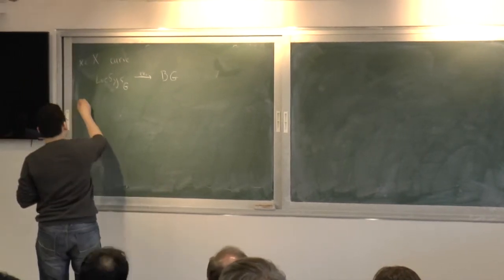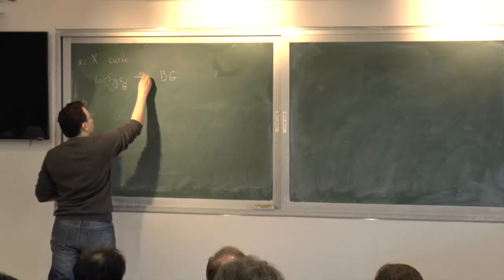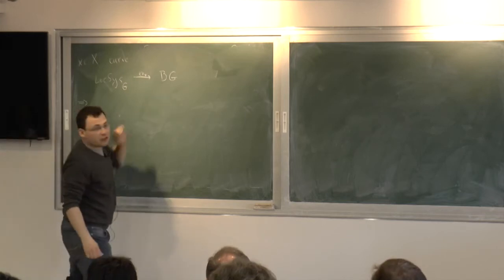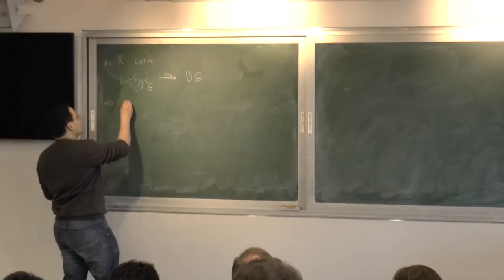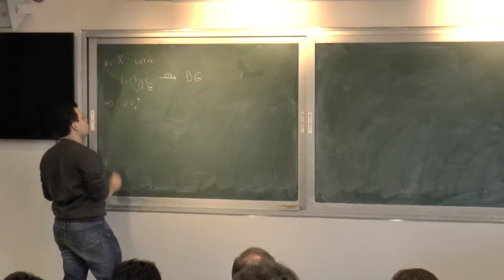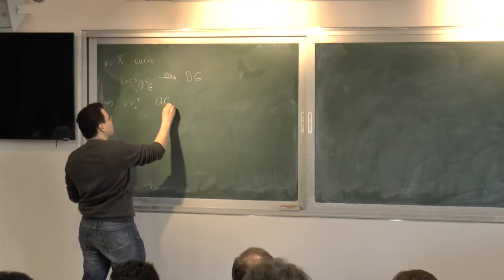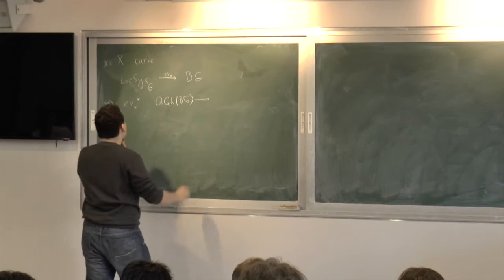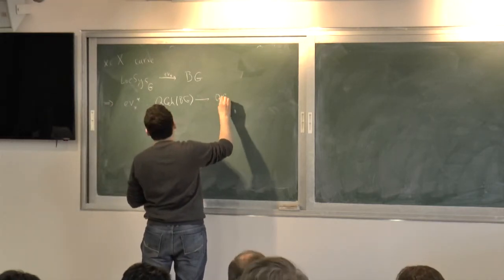So there's this map, and this gives you a way to construct quasi-coherent sheaves on local systems from quasi-coherent sheaves on BG, just by pulling back. Something very naive: we can take a sheaf on BG and get a sheaf on the local systems.